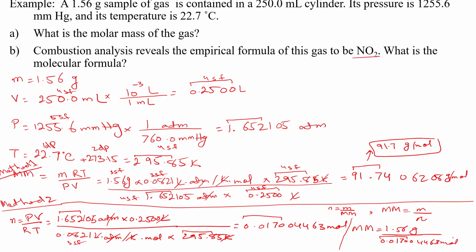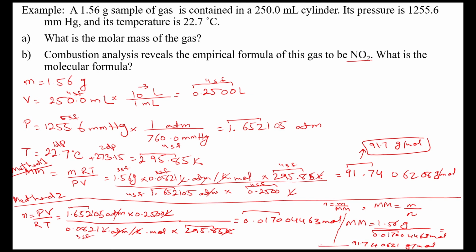And these are your moles. Your answer is 91.740621 grams per mole. And if you round it to 3 sig figs, you will get 91.7 grams per mole. So your answer is the same no matter which method you use, method 1 or 2. These are just 2 different ways of finding the molar mass. So now we know our molar mass for the gas is 91.7 grams per mole.